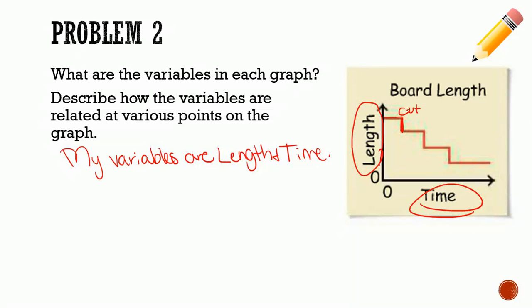Right here where it goes down, that's where I actually made the cut. Then it stays that length for a little while, and then I cut the board again, and right here I cut the board again. Every time you see that vertical drop, my length went down because I cut through the board fully.